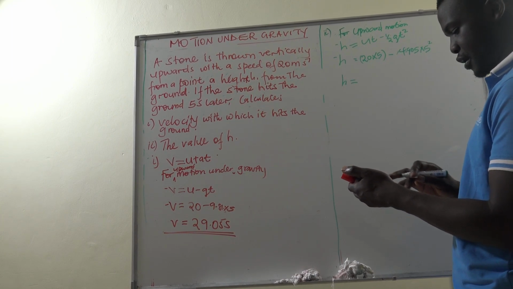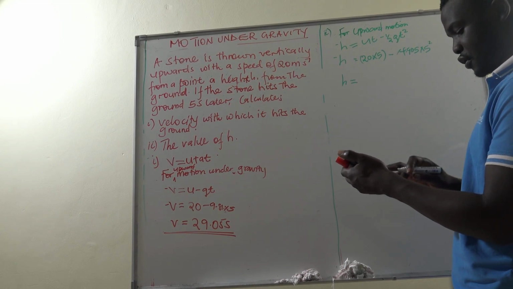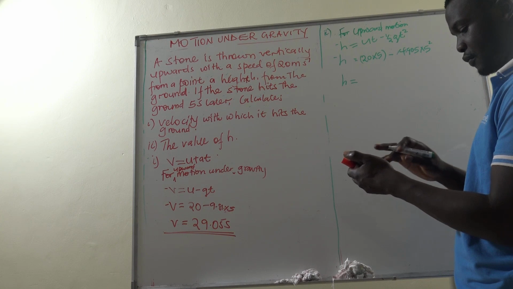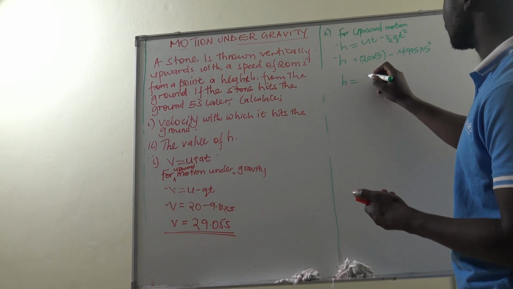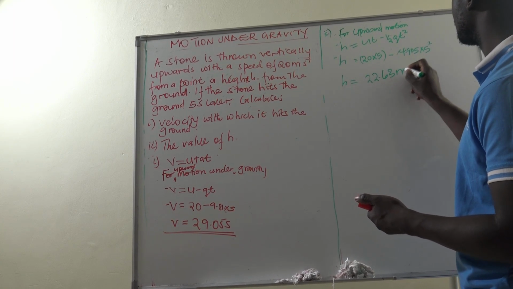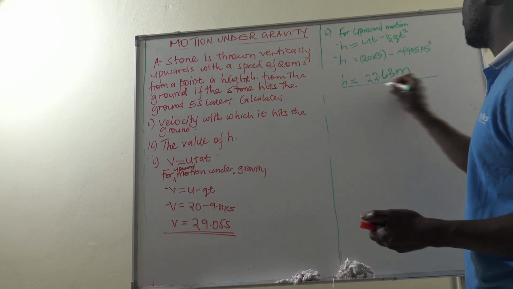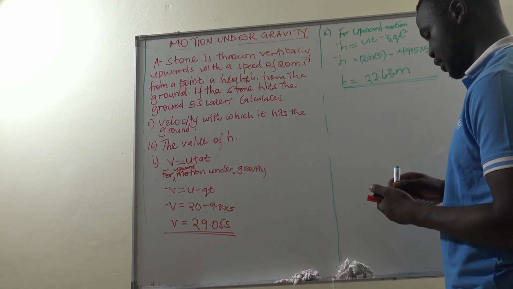So 100 minus 4.905 times 5 squared, we get a value of h as 22.63 meters. This is our value of h.